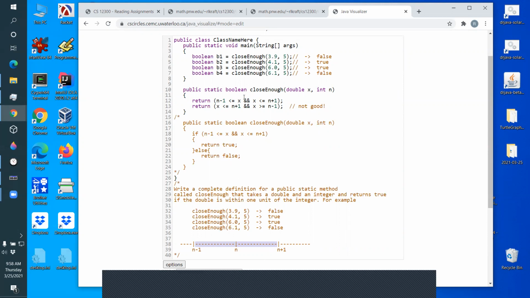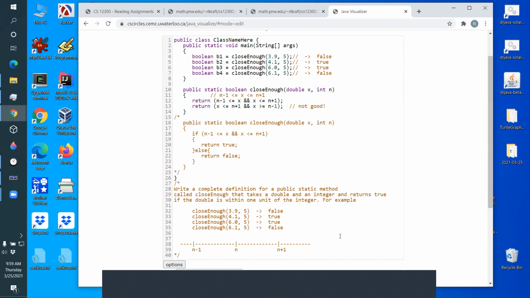See, notice that looks a lot like what you can't write. Here's what you are not allowed to write in Java. Remember, in math class, you would write it that way. X is between n+1 and n-1. In math class, that's how you would write this down here.